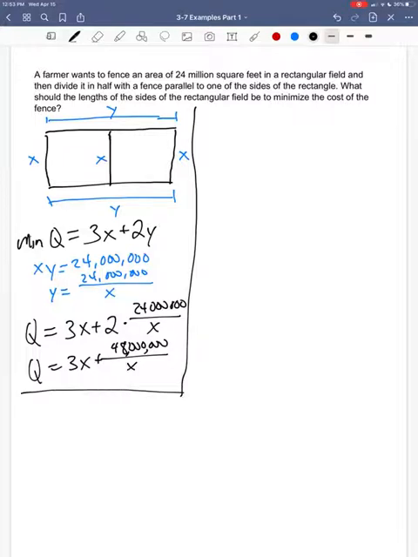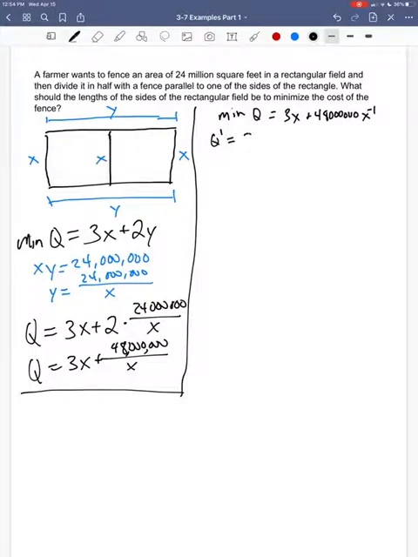Now I can look at this idea I'm trying to minimize, Q, and I'm going to rewrite Q with a negative exponent here. So 3x plus 48 million times x to the negative 1, since that x is in the bottom. To minimize this function, I want to take the derivative, so Q prime.